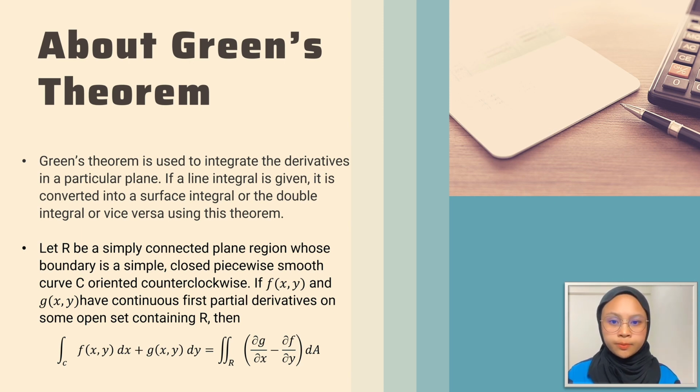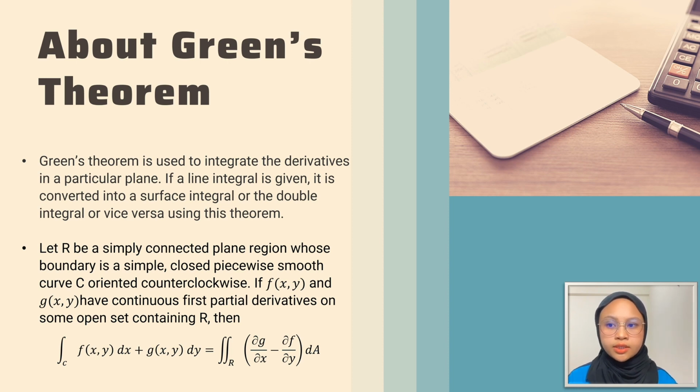What is Green's theorem? Green's theorem is used to integrate the derivative in a particular plane. If a line integral is given, it is converted into a surface integral or double integral, or vice versa, using this theorem. Let R be a simply connected plane region whose boundary is a simple, closed, piecewise smooth curve C oriented counterclockwise.